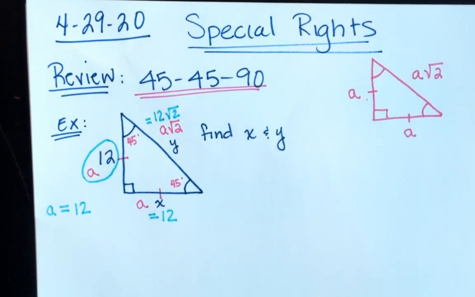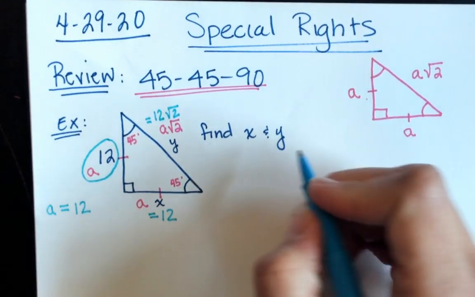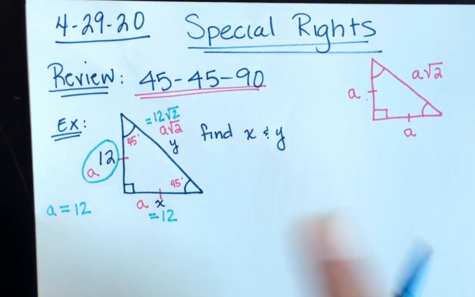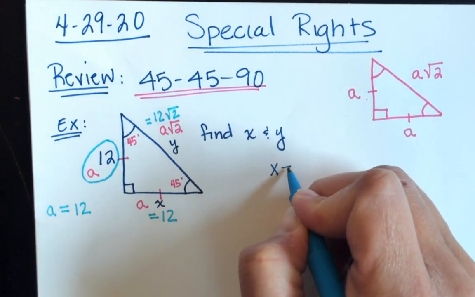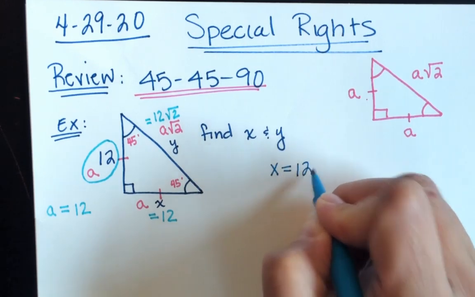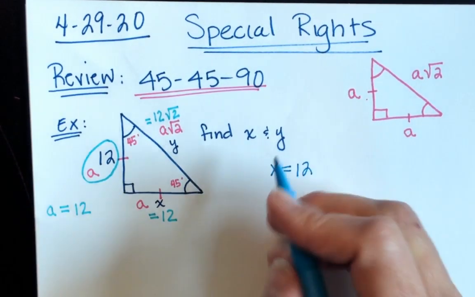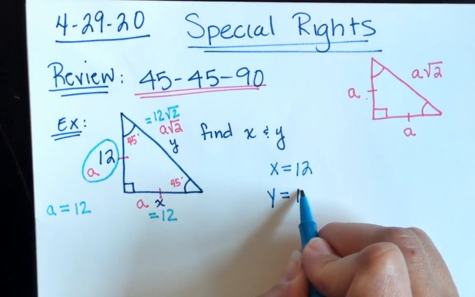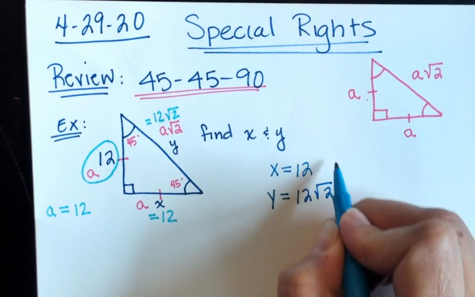The only thing that I am going to ask is when we get to any written work, I don't want to have to figure out in here amongst all of your work what your answer is. Write it out. X equals 12. I have it right here. Y equals 12 radical 2.